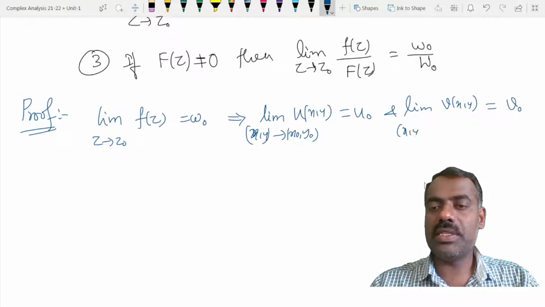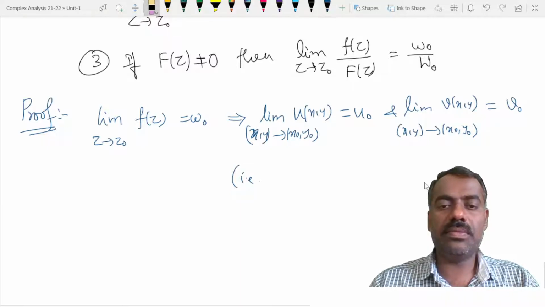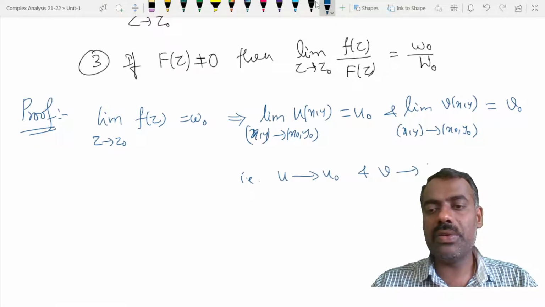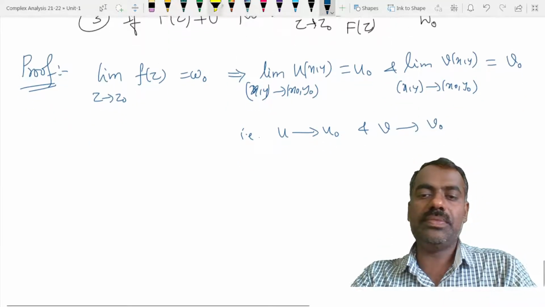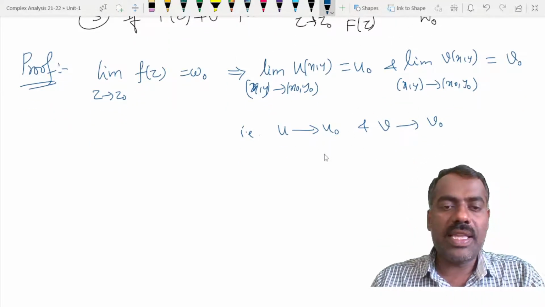So for simplicity, instead of writing it every time like this, we say that u goes to u naught and v goes to v naught. Is that clear? Is this notation clear?